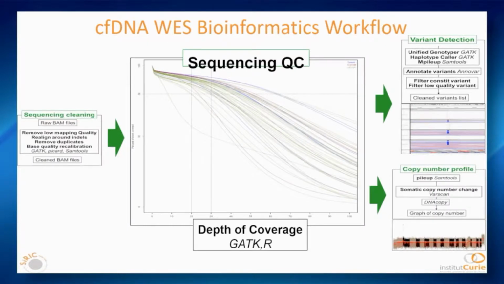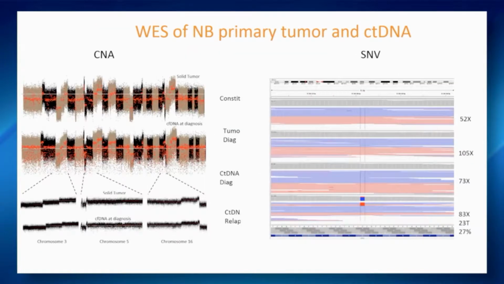This also requires an adapted bioinformatics workflow. Following the library construction and the sequencing, we need to, of course, have a quality control for the depth of coverage, and then we can apply the current workflow for the detection of variants and for copy number profiling. So using this technique, we can readily explore cfDNA samples by whole exome sequencing.